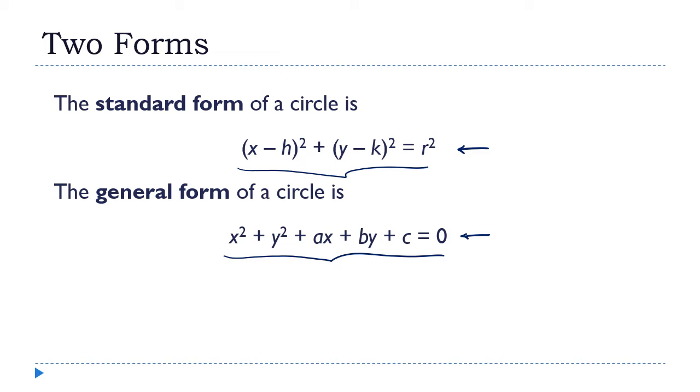What I call the standard form is the useful form, because it's the form that tells me everything I need to know about the circle. It tells me where the center is, it's at h and k, and it tells me what the radius is. This is kind of the equivalent of the slope-intercept form of the equation of a line, that y equals mx plus b form.